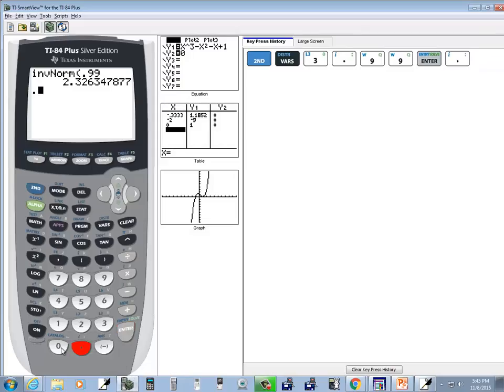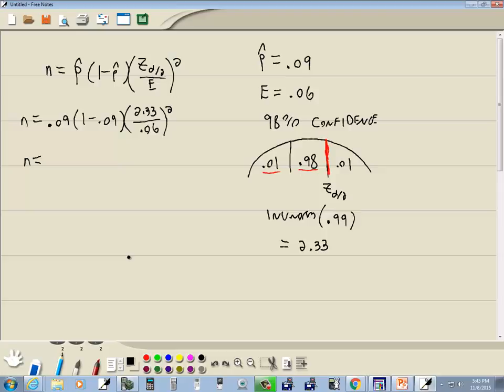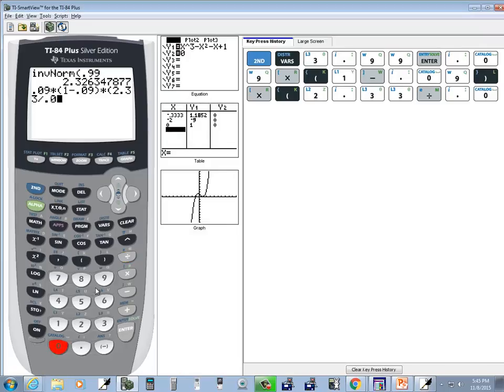So let's see, we've got 0.09 times 1 minus 0.09. I'm putting that inside of parentheses. Times, and then 2.33 divided by 0.06, close parentheses, squared.